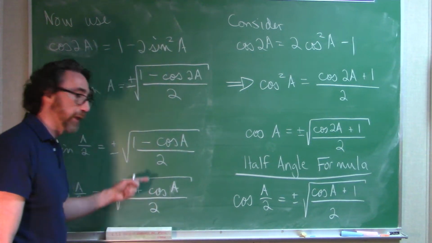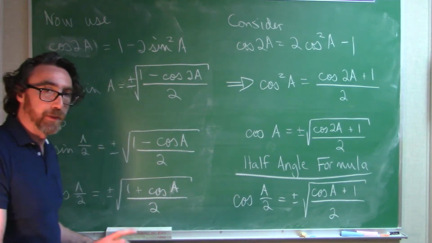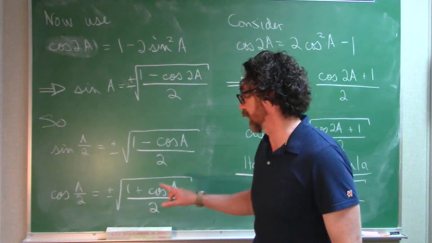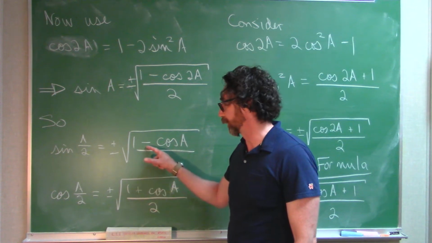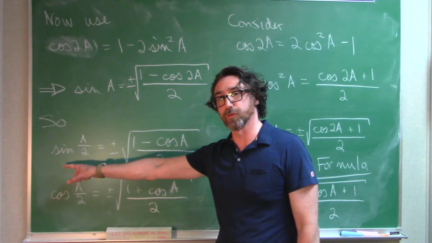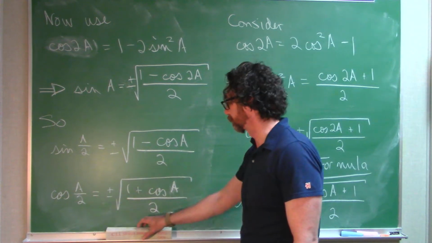I'm going to change it up a little bit so we have that nice symmetry. They both kind of look the same. Notice they both involve cosine. The only difference is a minus sign. The half angle formula for sine involves a minus. This one has a plus.